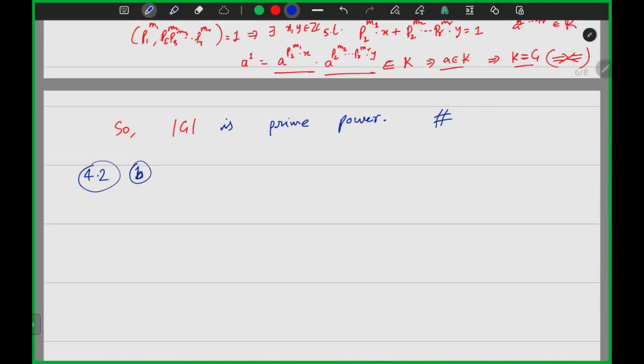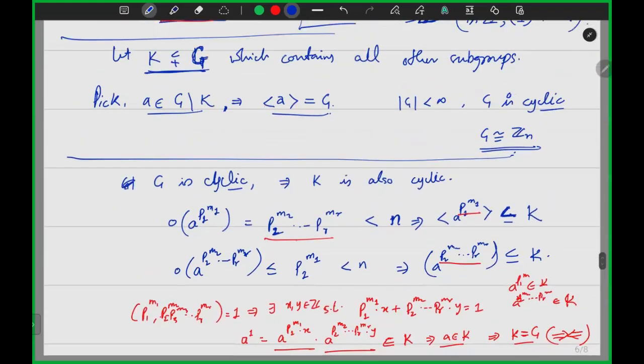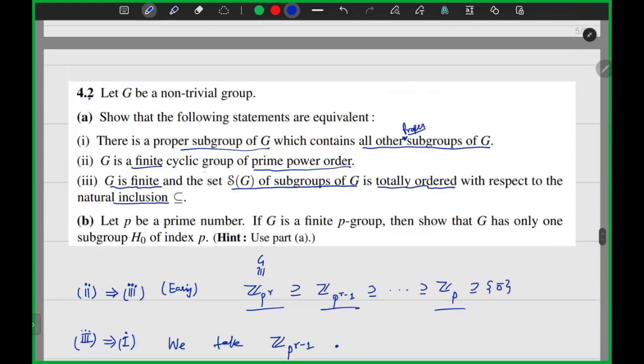Given the order of G is a prime power. From the first equivalence, when this is finite cyclic of prime power order, is it clear or not? Does it have to be cyclic?